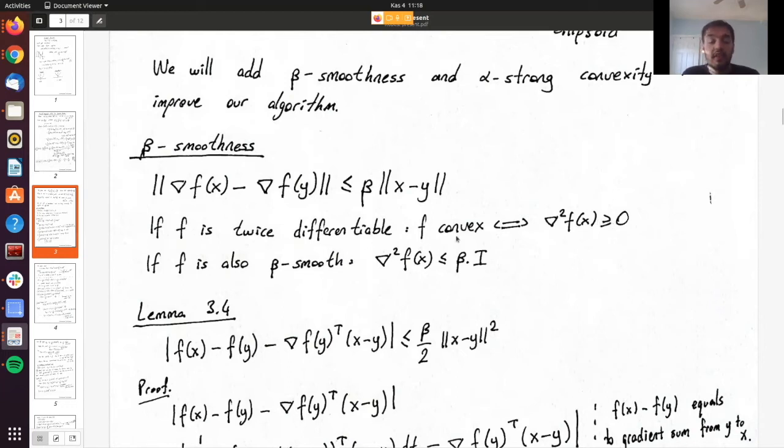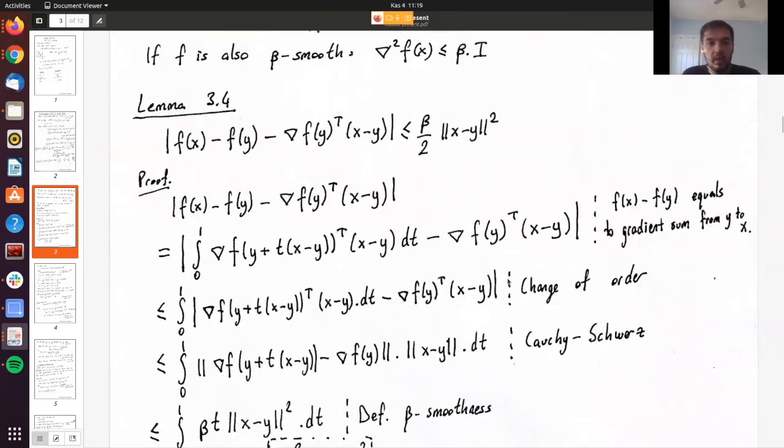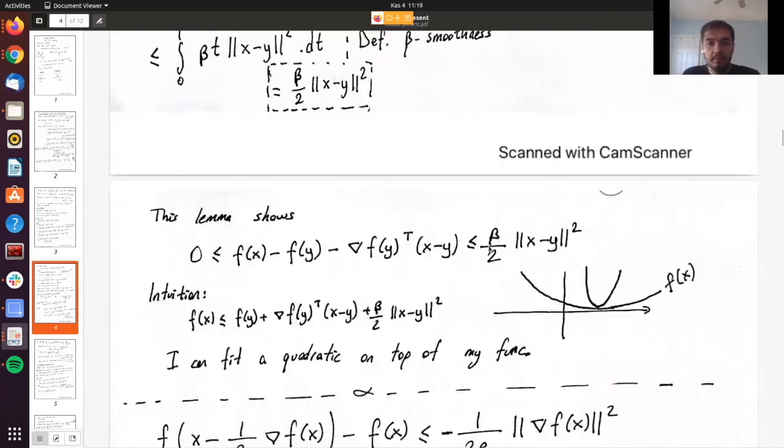That means if the function is twice differentiable and convex, the Hessian should be larger than 0. But if it's beta smooth, that means the Hessian should also be smaller than beta. And here is an important lemma. Here are the steps if you want to follow them.